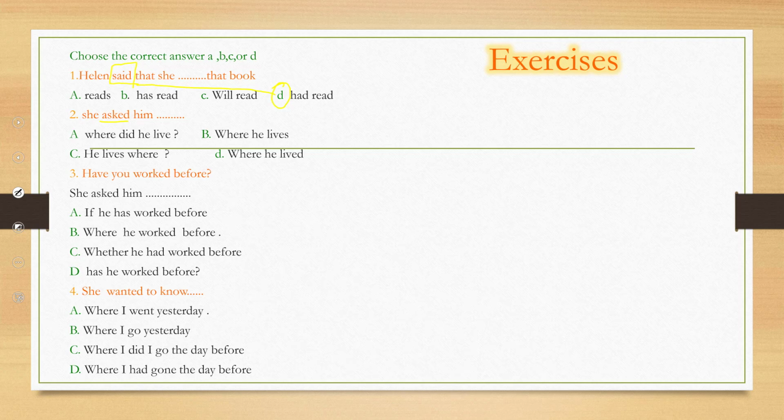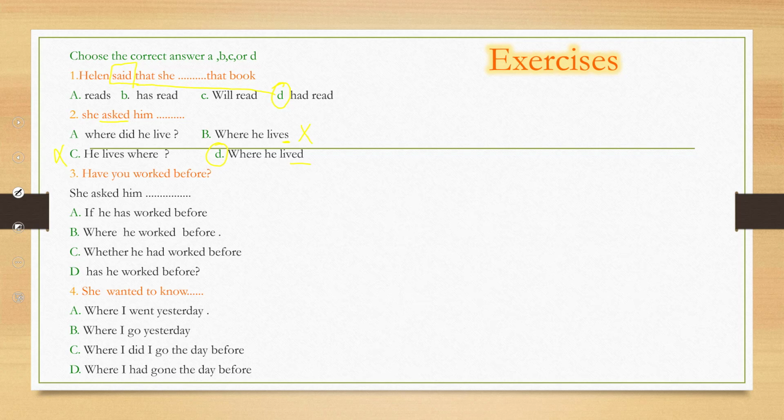Number B, where he lives, is present simple. I shouldn't use present simple. He lives where, it's nonsense. The only correct one is D, where he lived, because here we have question word, then subject, then the verb is changed into the past.